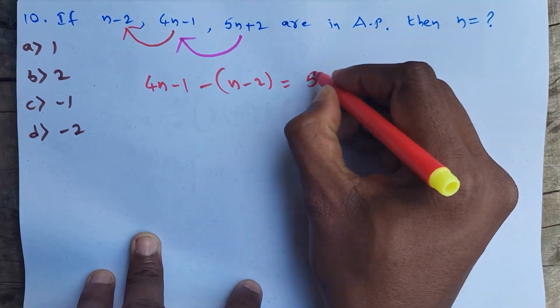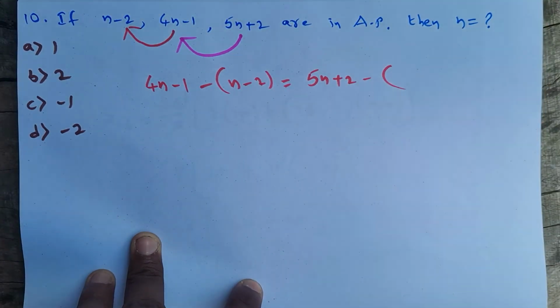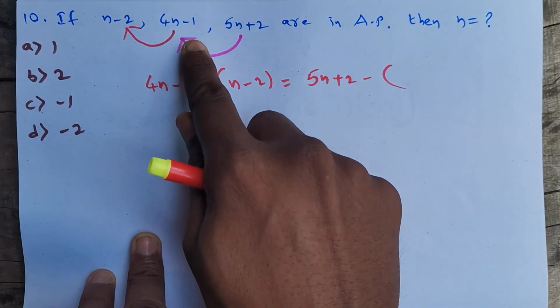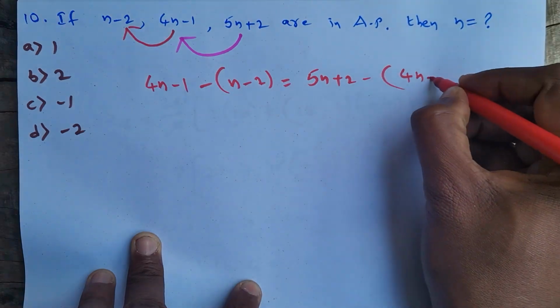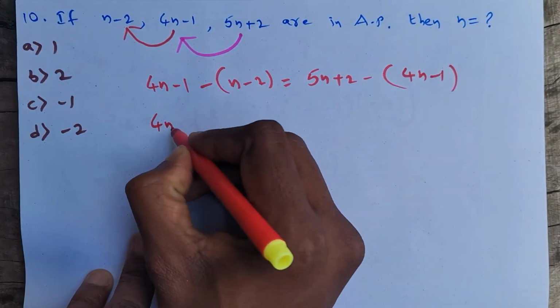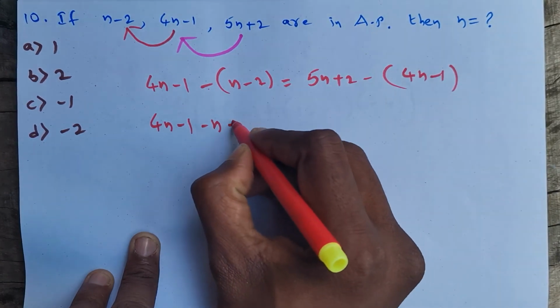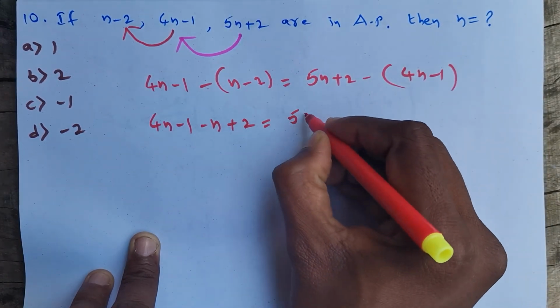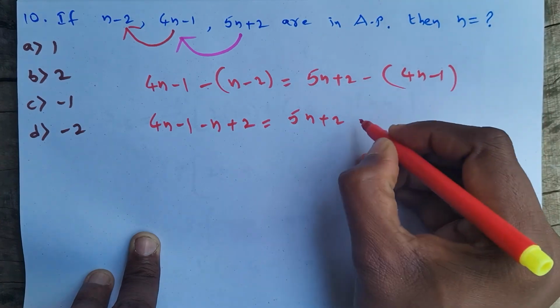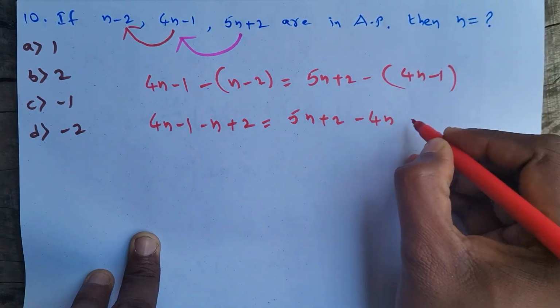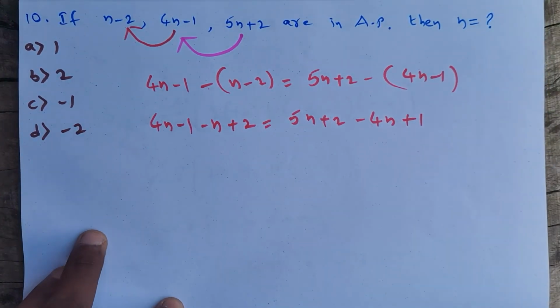Third term 5n plus 2 minus, again here also the second term has more than one term, so bracket compulsory: 4n minus 1. So 4n minus 1 minus (n minus 2) is equal to 5n plus 2 minus (4n minus 1).